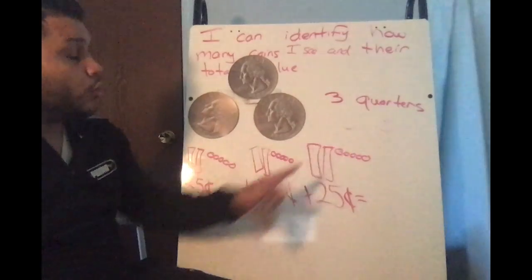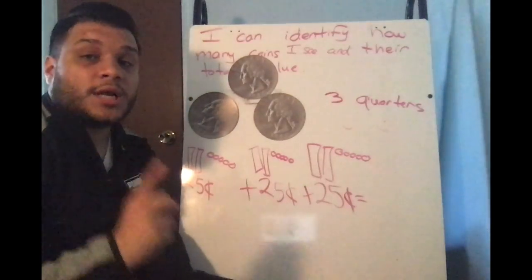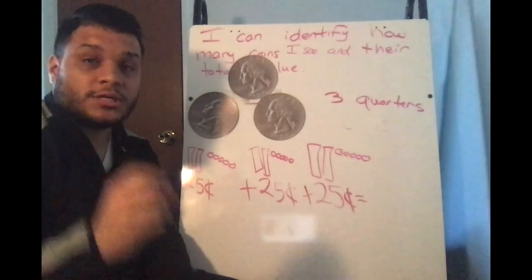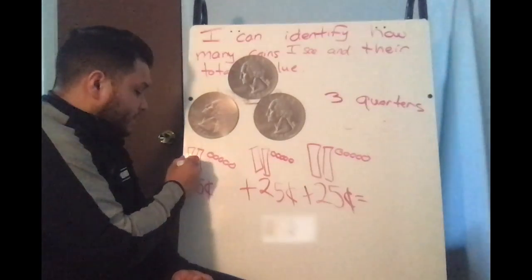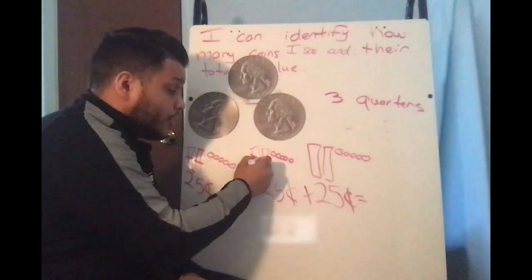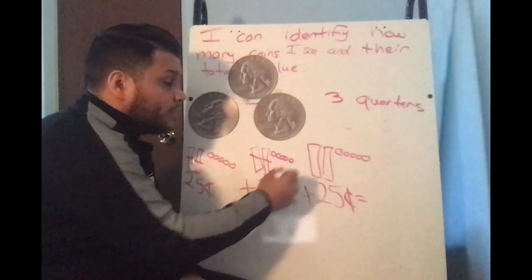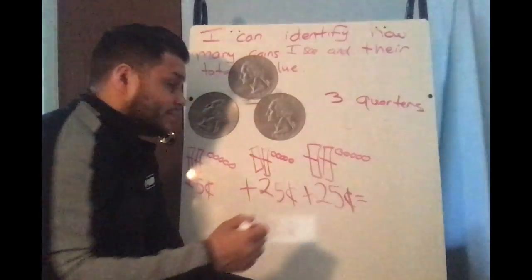What do 3 quarters equal? Well, let's remember, when we're adding, we always start adding with our 10s first. So I'm going to count my 10s and then go back and count my 1s. Ready? 10, 20. I have some more 10s over here. 30, 40. Some more 10s over here. 50, 60.